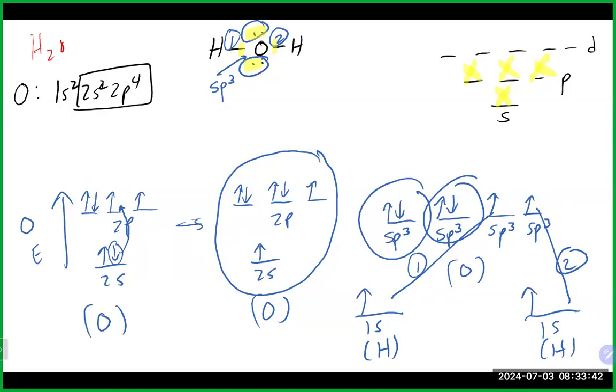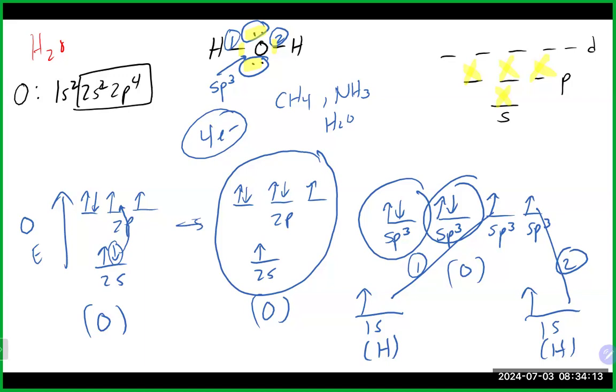All 3 of these things that we just looked at, which is CH4, NH3, and H2O, they all had 4 electron pairs. And again, they all had an electron pair geometry of tetrahedral. One had all bonding electrons involved in the hybrid orbitals, and the water and the ammonia had a combination of bonding electrons and non-bonding electrons involved as well.